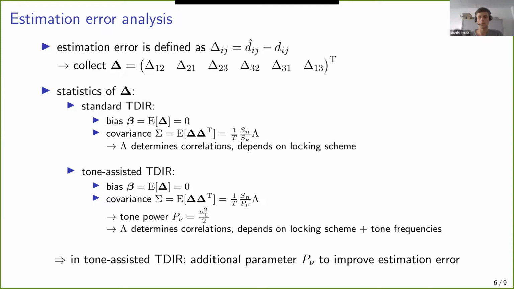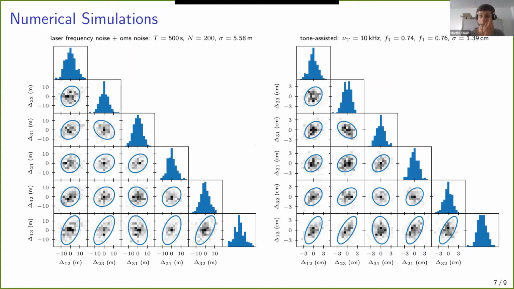So we have another knob we can turn to increase the accuracy of our estimator. And that I want to show you in this plot.